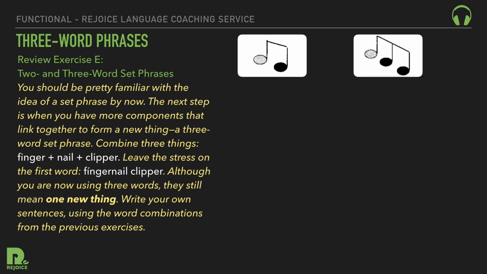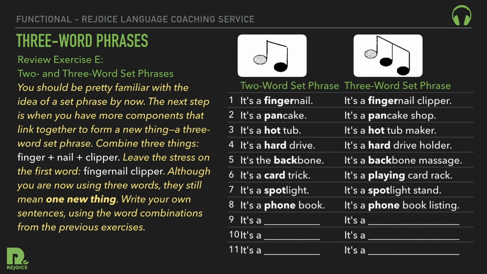Write your own sentences using the word combinations from the previous exercises. 1. It's a fingernail. It's a fingernail clipper. 2. It's a pancake. It's a pancake shop. 3. It's a hot tub. It's a hot tub maker. 4.